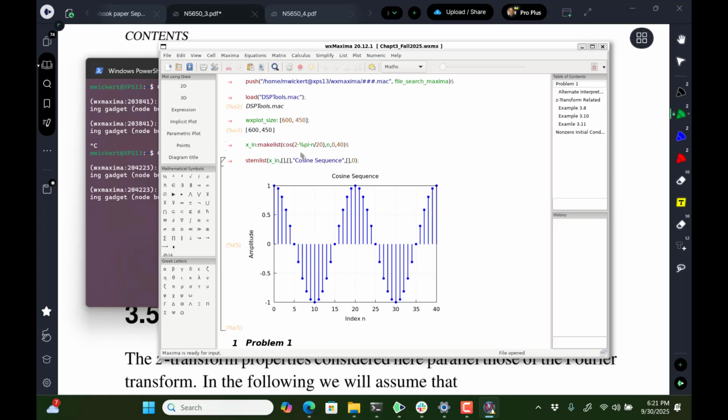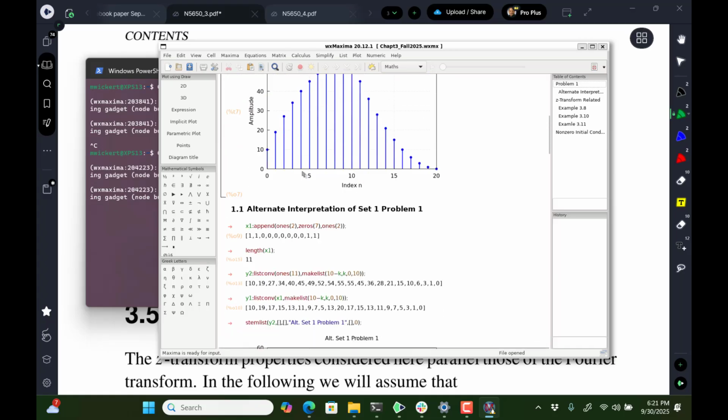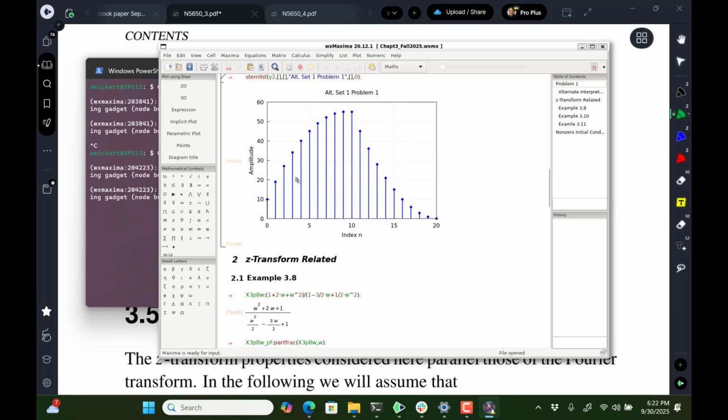Python works with lists too. Python calls an array a list, but the lists that we use are called ndarrays, which is a NumPy array, which is a supercharged list in the sense that vector operations can be done with it. The lists in Maxima are like that. I can do array operations on them, but I'm not necessarily doing anything like that here. So these were some of the things I did earlier.